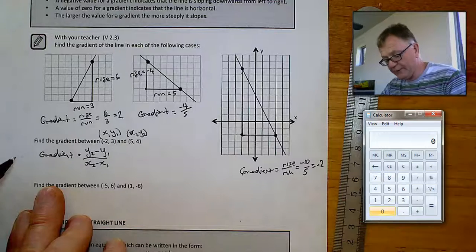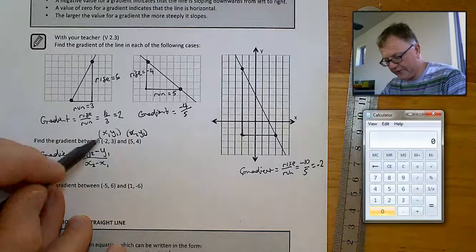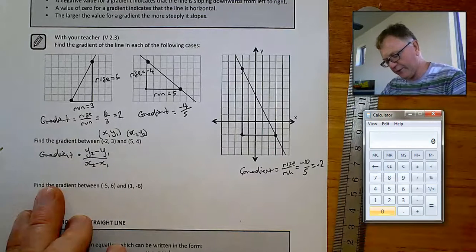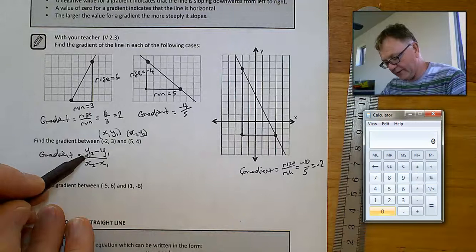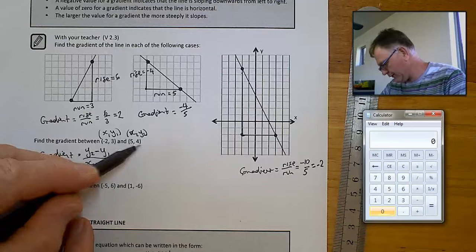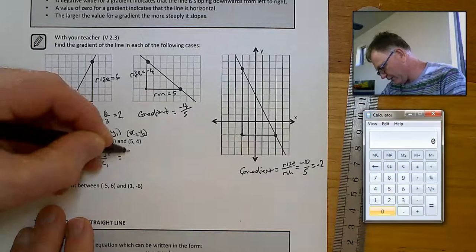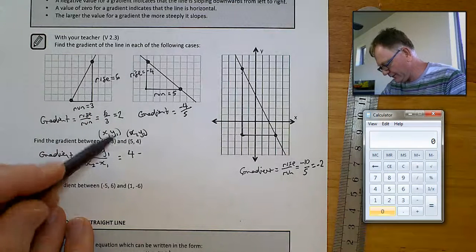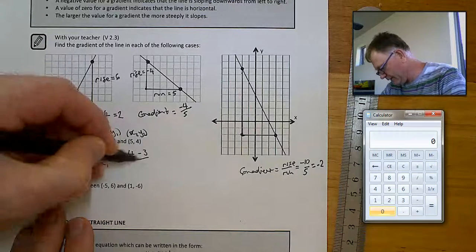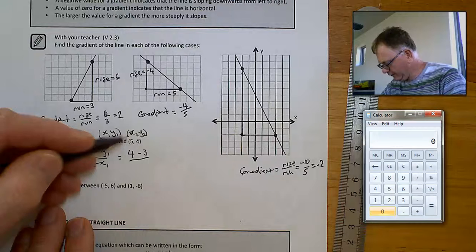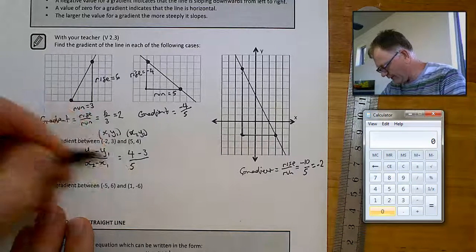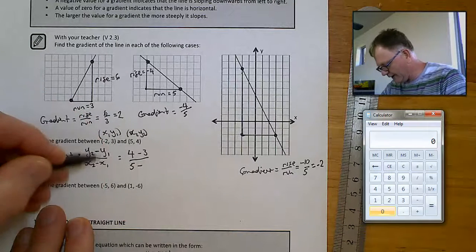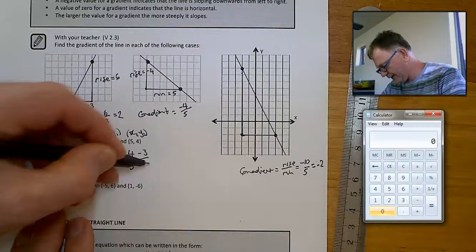So it's not a bad idea when you're doing these questions to actually write this in above your point, because then all you have to do is you can say y2 is that number 4. So this is going to equal 4 minus y1 was 3 over x2 is 5 minus x1 was -2.